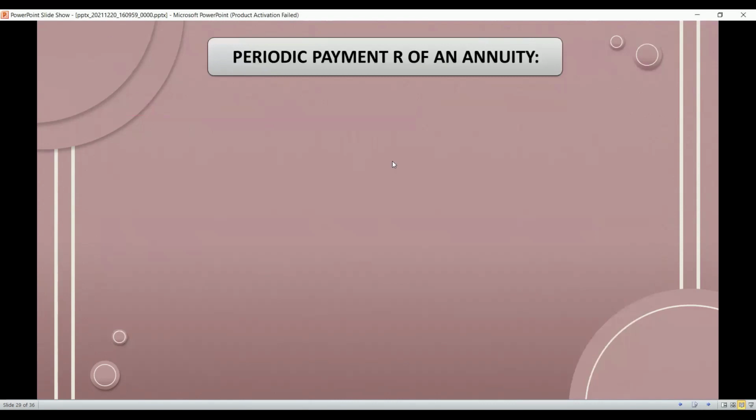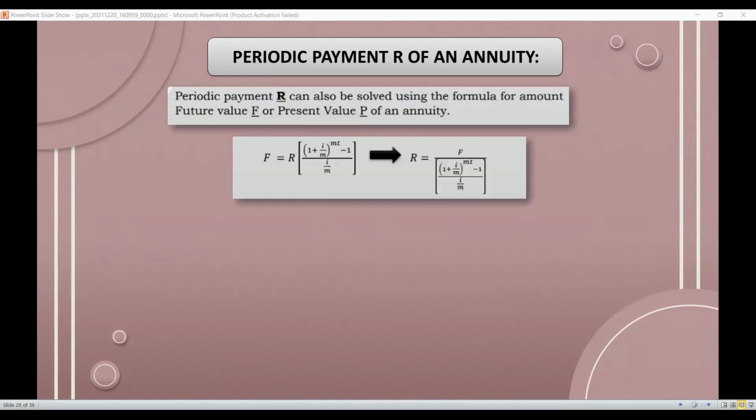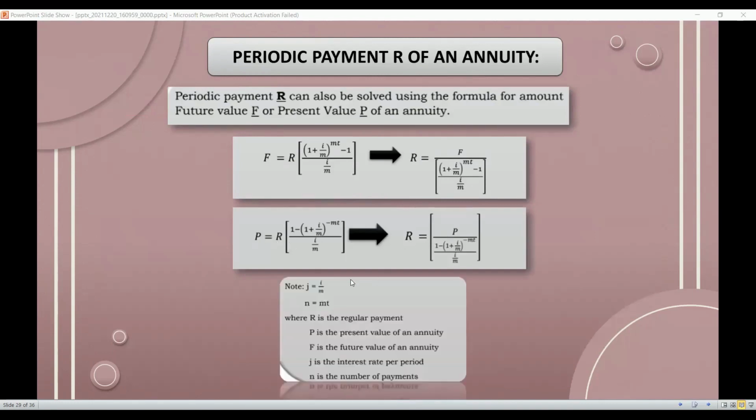Next, we have periodic payment R of an annuity. Periodic payment R can also be solved using the formula for amount, future value F, or present value P of an annuity. So, we use this formula when we are given the future value and looking for R. This one is used when the present value is given.